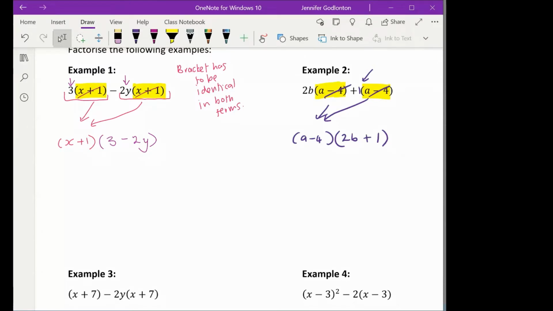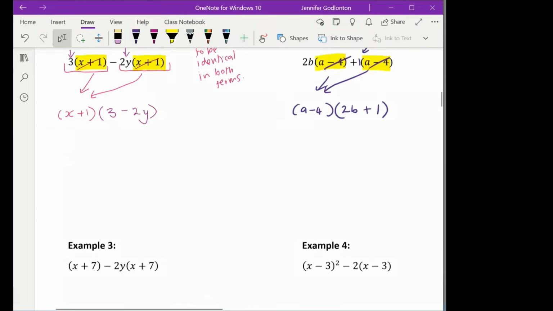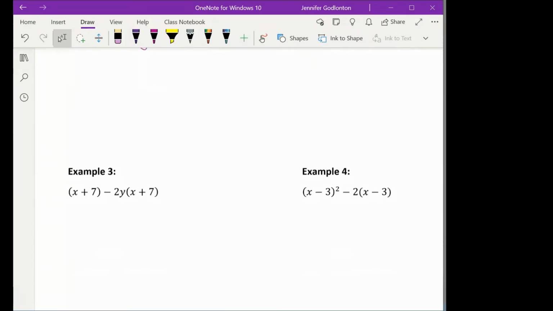Ma'am, may I try 3? Oh my goodness. Yes, you may. Tell me what you think I should do. Well, you take the same brackets.